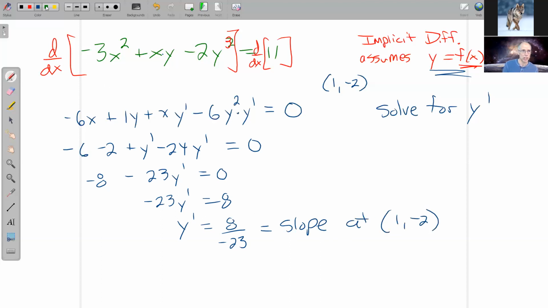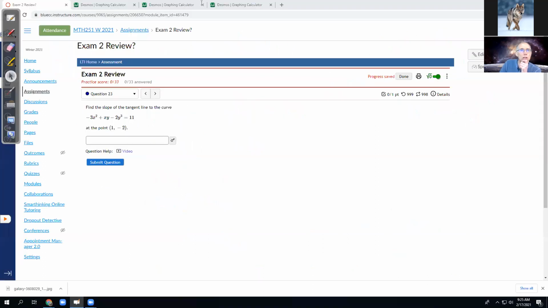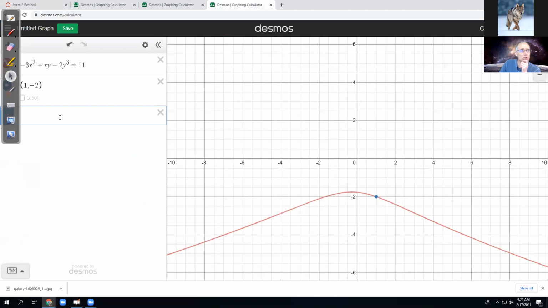And we really should check this by finding the tangent line. So since we have the graph of the function, we can easily graph the tangent line, which would be y minus y1 equals negative 8 over 23 times x minus x1. Graph and see if we did a good job. So simplify it a little bit.